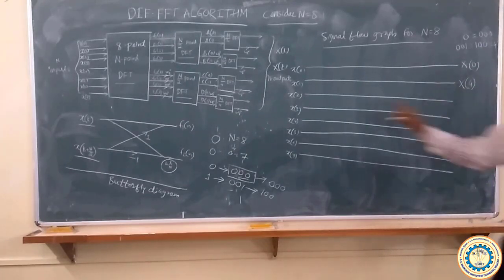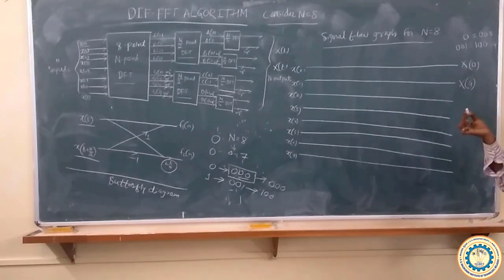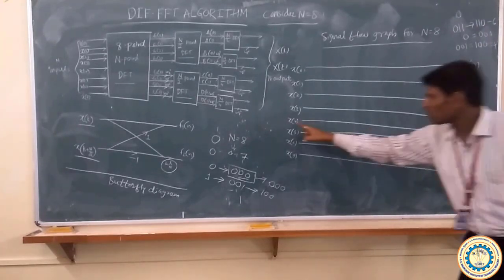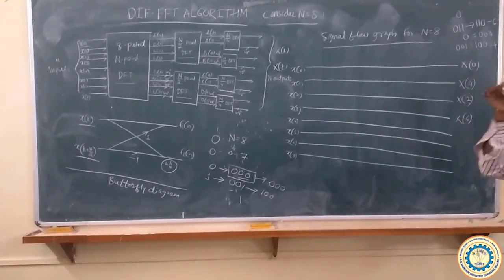For x of 2, 2 is 0 1 0, and in reverse order it is the same, 0 1 0, that is x of 2. And I have x of 3 here. 3 is 0 1 1, and its bit reversal is 1 1 0, which is 6. So this is x of 6. And I have x of 4, which is 1 0 0.